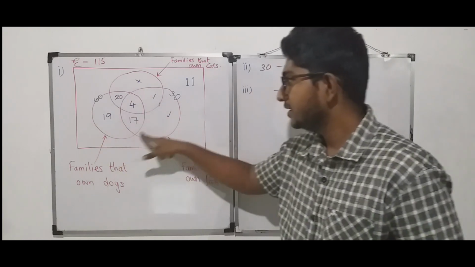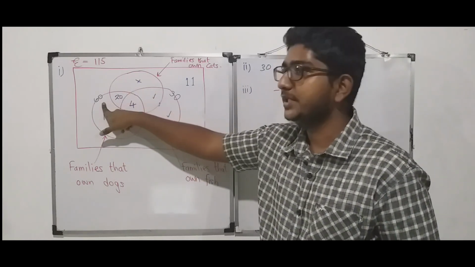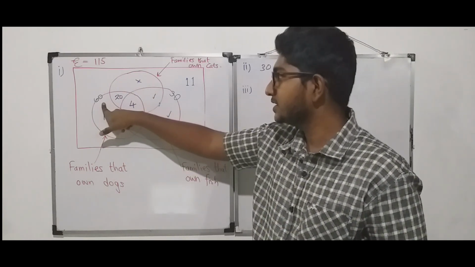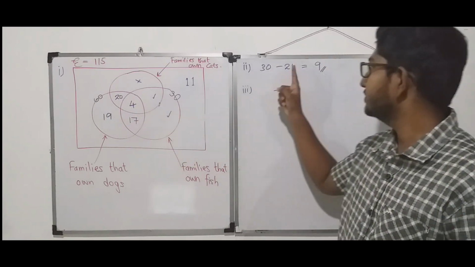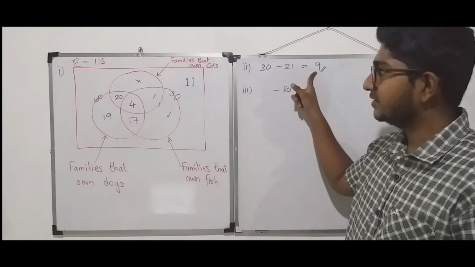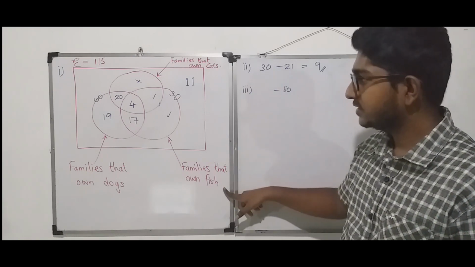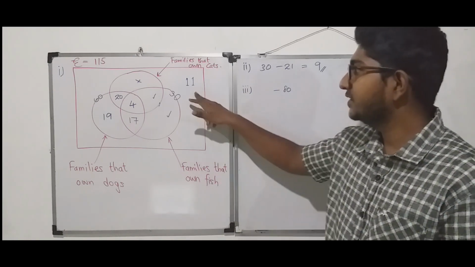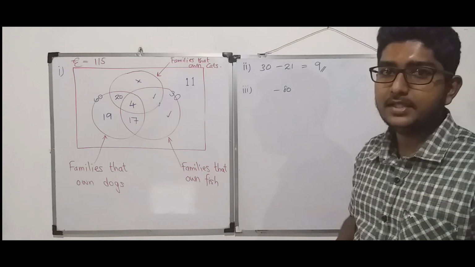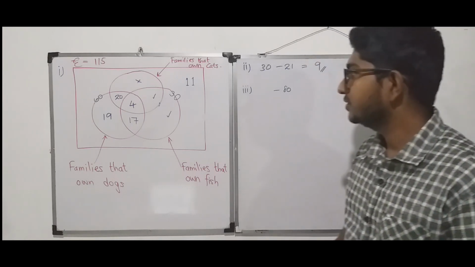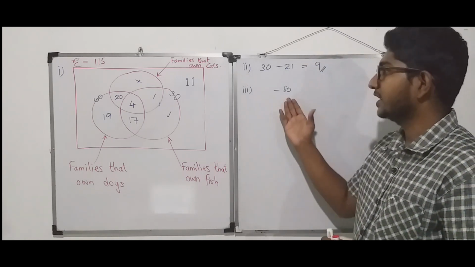This 60 represents families including families having dogs, and these two, which is 9, represent families having fish, so we can't take them. 11, they don't have any type of pet, so the sum we got is 80.